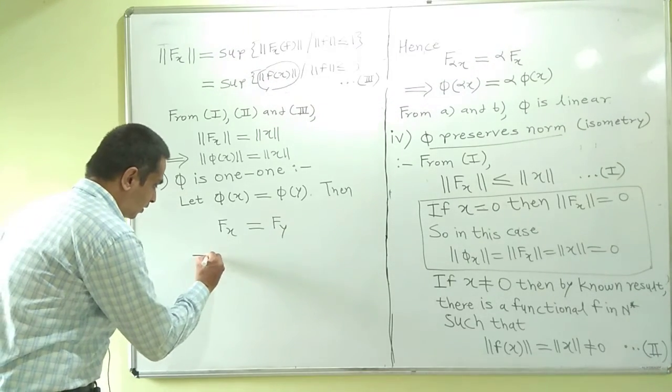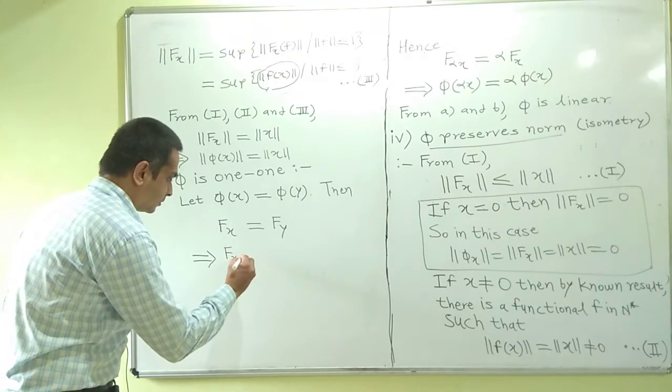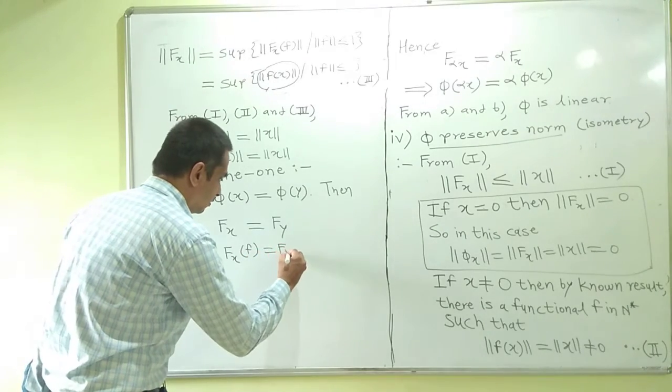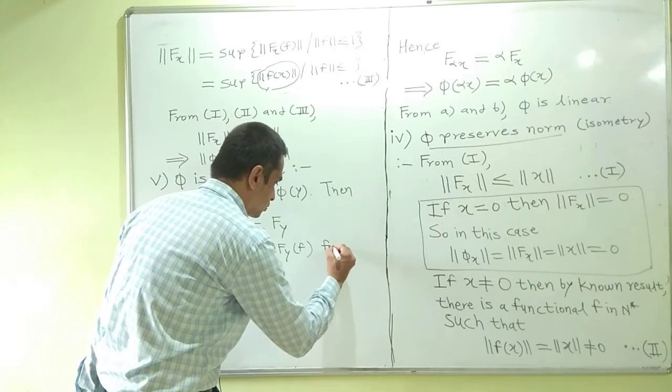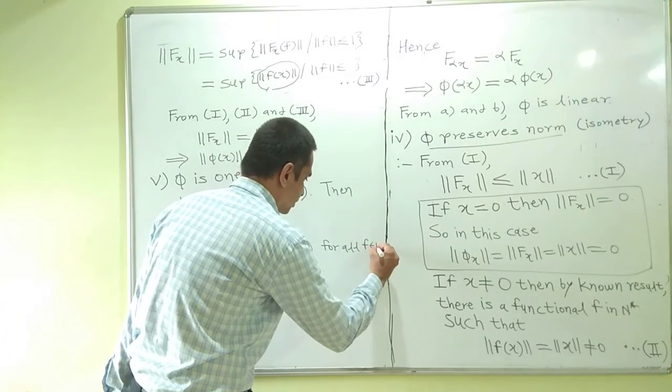Which would further imply that fx of f is equal to fy of f for all f belongs to n star.